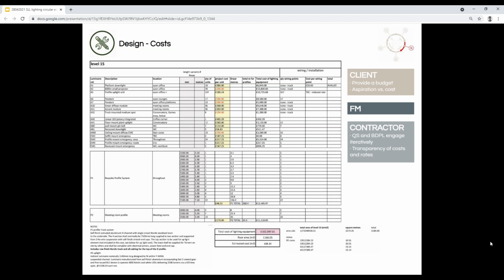We really need to engage our clients to buy into this at the briefing stage and to stick with the story all the way through. They will only be able to do that if you give them the cost certainty that your specification is going to deliver, and remove the incentive for value engineering. To do that, as designers, we've got to get involved much, much earlier in the costing of our designs so that it allows clients to hold the specification.